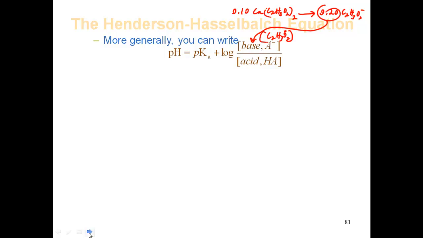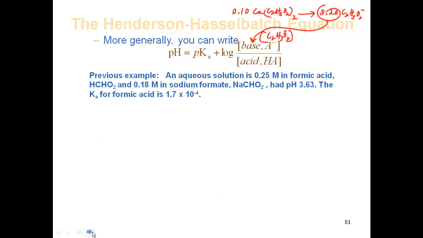We could take this equation and do the same problem we did earlier. Remember the previous example, we said an aqueous solution of 0.2 molarity of formic acid and 0.18 molarity of sodium formate had a pH of 3.63. We calculated that when we did the soluble salt first, we did the acid, did the ice table, we did a whole calculation, and we came up with 3.63.